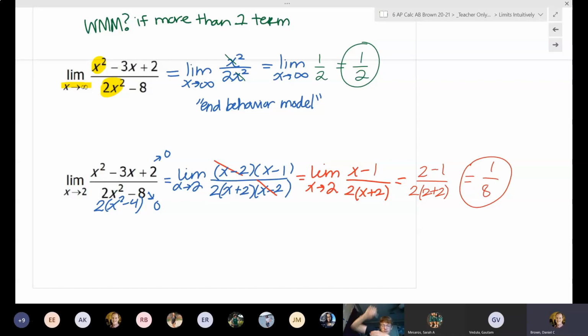We can throw all those rules out the window using calculus. This is one where the degrees were the same, and the horizontal asymptote would be the ratio of the coefficients, which is 1/2. Surprise, that's also what the limit is as x goes to infinity.